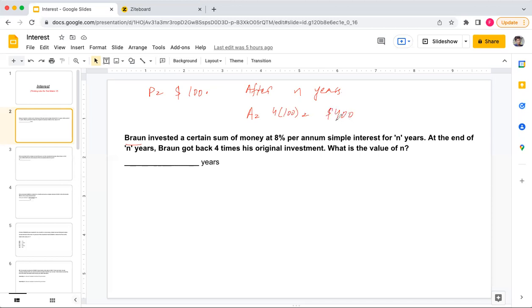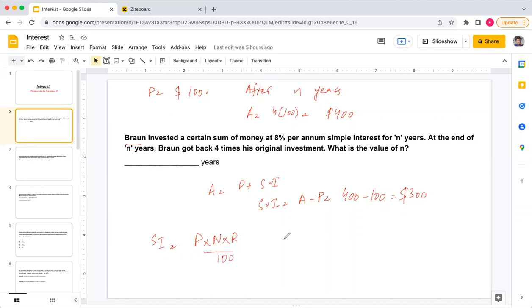Based on these two, can I find the simple interest? Because A is equal to P plus simple interest. So simple interest is A minus P, which is 400 minus 100, equal to 300. Now just use the simple interest formula: simple interest is equal to principal into number of years into rate over 100.